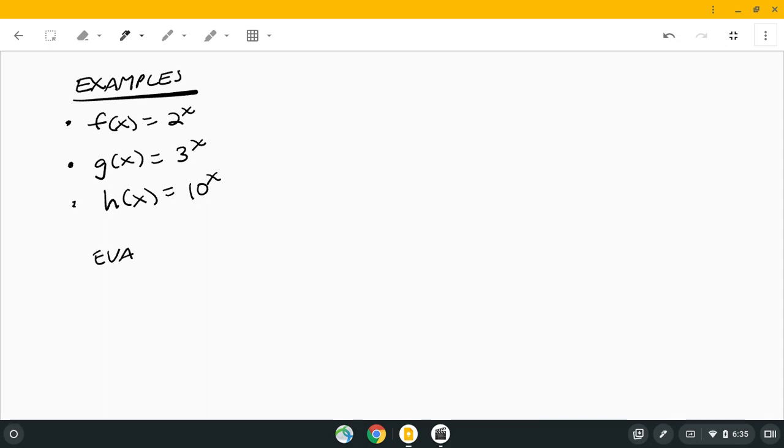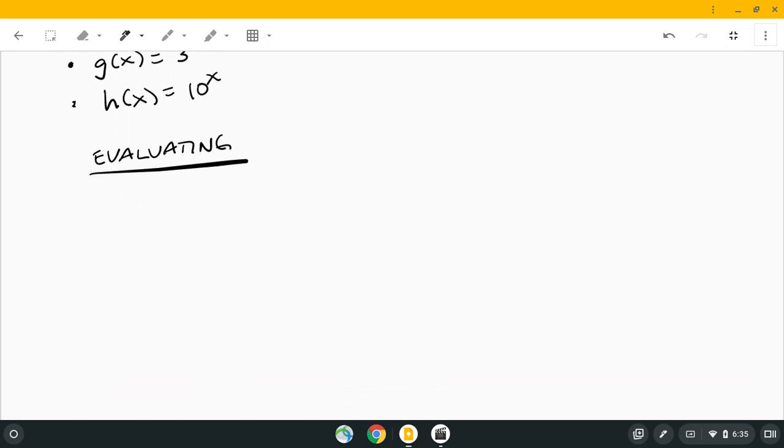Okay, so let's take a look here. Let f of x be 3 to the x. Evaluate the following.